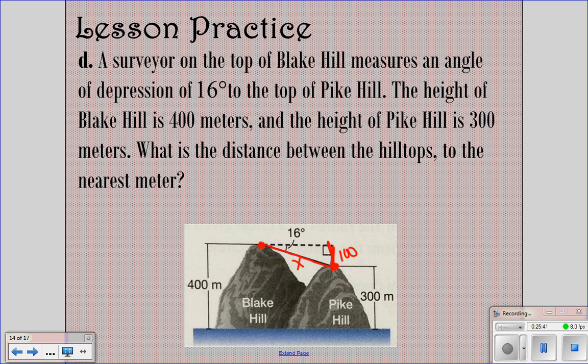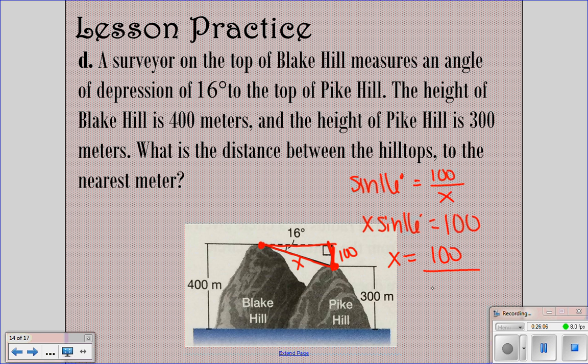And so we have a right triangle here, and we can use the sine of 16, and we would get sine of 16 equals 100 over x. So then multiply both sides by x, and you'd have x sine of 16 equals 100. So then divide by sine of 16, and you'll have x equals 100 over the sine of 16.